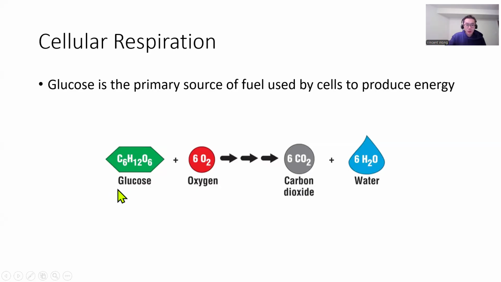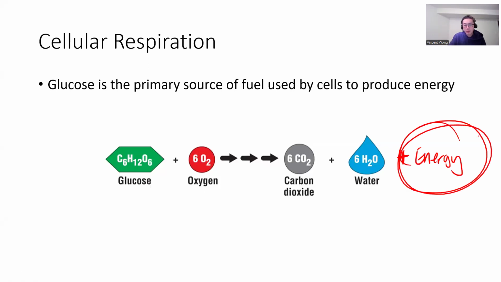We take glucose in the cell and we react it with the oxygen that we breathe. In the process, it creates carbon dioxide that we breathe out, as well as water. But most importantly, this process produces energy. And this energy is going to be useful for fueling everything that we do.